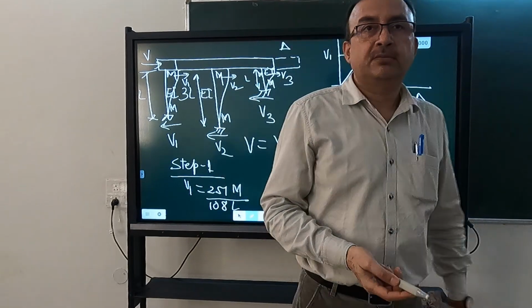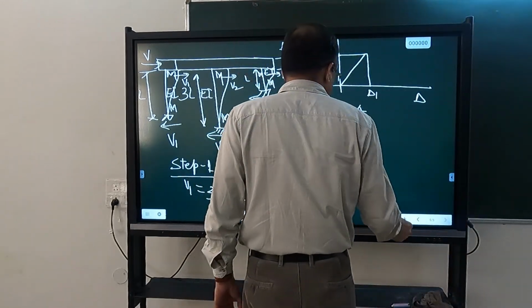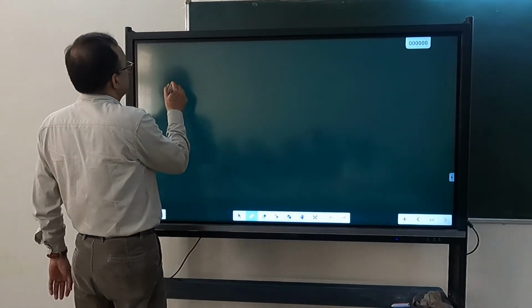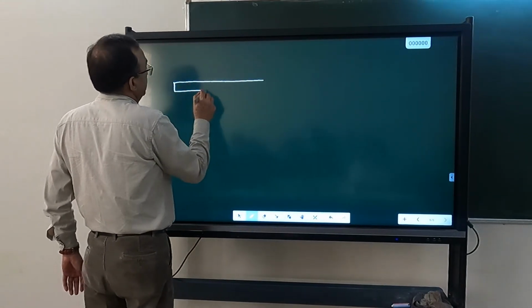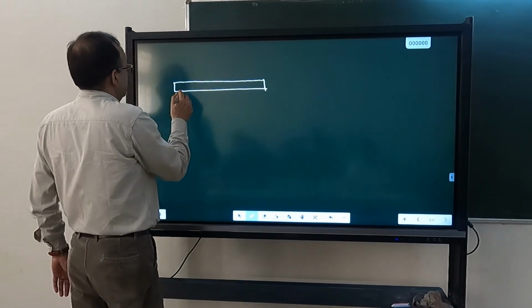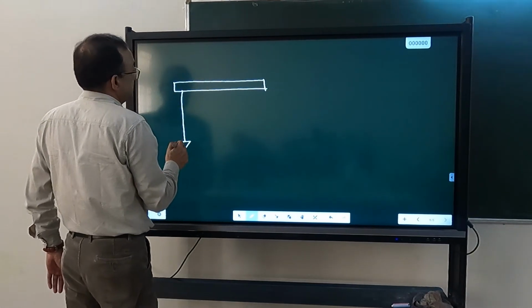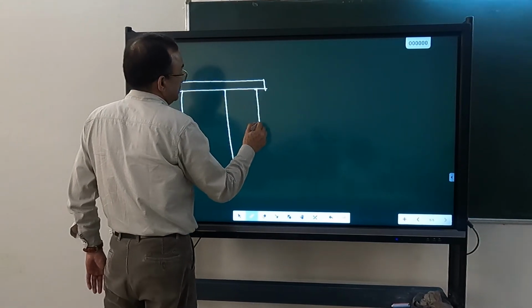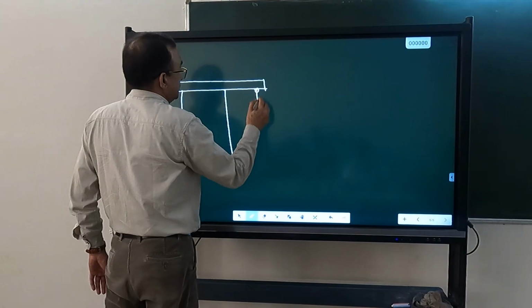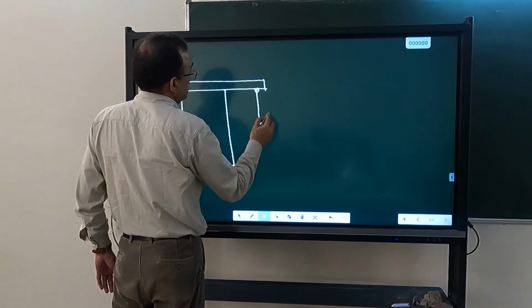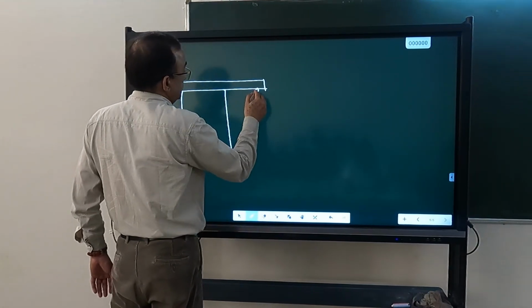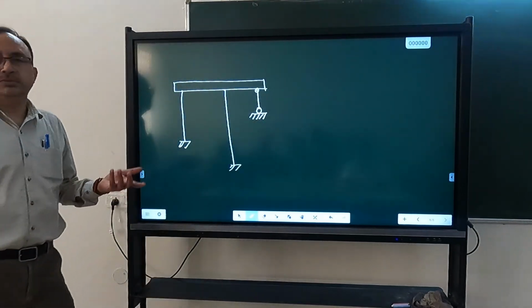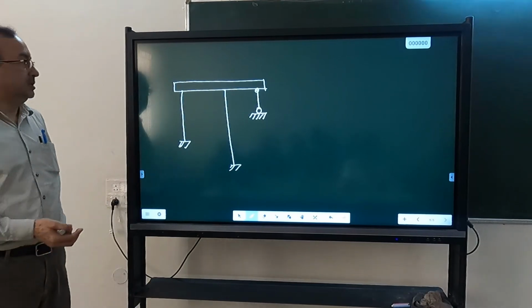Now what will happen? In step 2, there will be only two columns to resist the load.